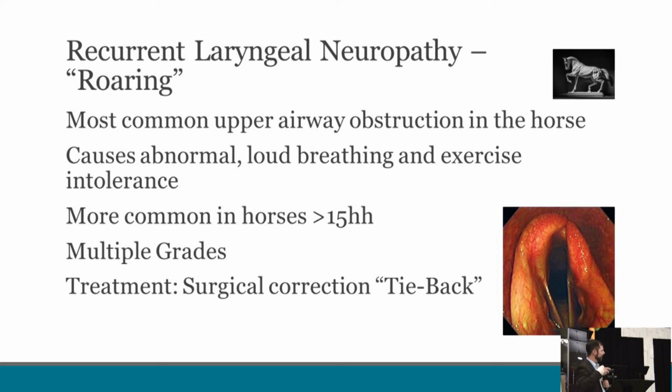The result is that instead of being nicely opened on both sides, we've got one half of the larynx that's essentially collapsing into that trachea. As you can imagine, horses are not really able to breathe that well. The treatment for that is essentially a tie-back surgery, which Dr. Lee has done at our clinic as well.